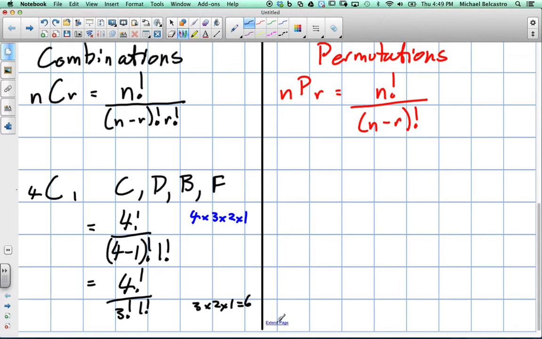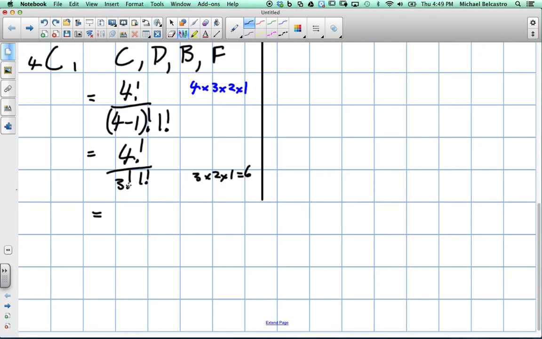Okay, and I'm just going to show you a quick shortcut for minimizing these. This 4 factorial is 4 by 3 by 2 by 1, so I'm kind of simplifying this over 3 by 2 by 1. Okay, technically times that 1 factorial, but that's times 1 again. It won't do anything. And think of these as all creating 1 values or canceling out. And essentially, we're just left with the number 4.